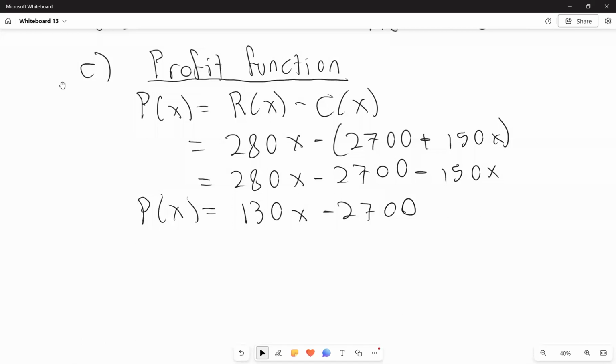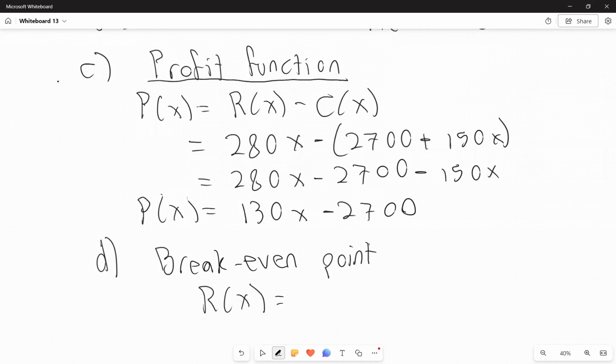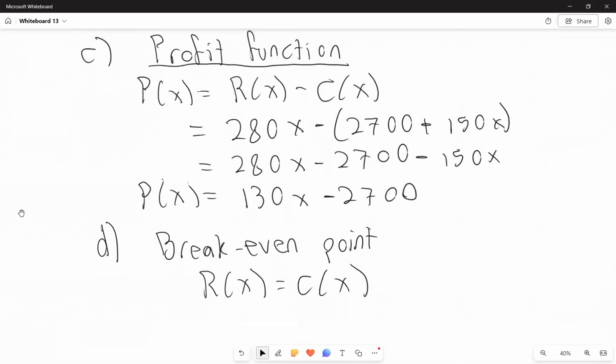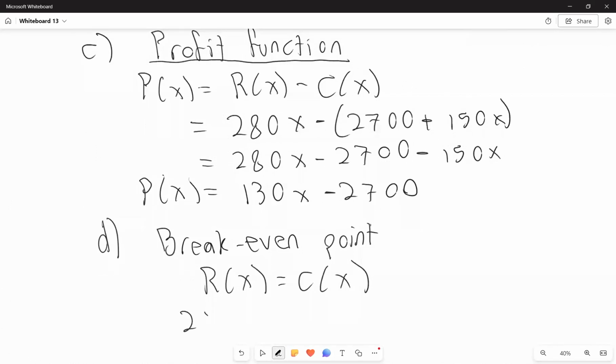The break-even point occurs when the revenue equals the cost, where the revenue function is 280x, and the cost function is 2,700 plus 150x.